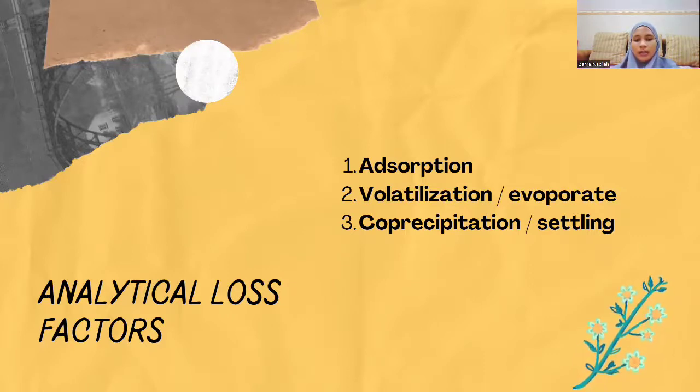And the last, number three, co-precipitation or settling. Usually it settles because we have stored it for a few days. So that it returns to normal, we can shake or add acid to make it a homogeneous solution so that what we measure does not settle.